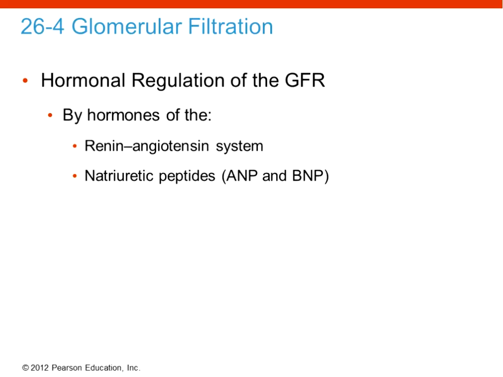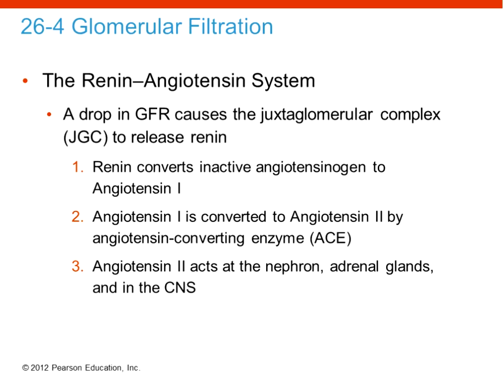Okay. What about hormones? Hormones can also regulate glomerular filtration rate. Primarily, what I want to look at is the renin-angiotensin system. When you have a drop in GFR, so you're not producing as much filtration, right? Glomerular filtration rate, GFR is dropping.